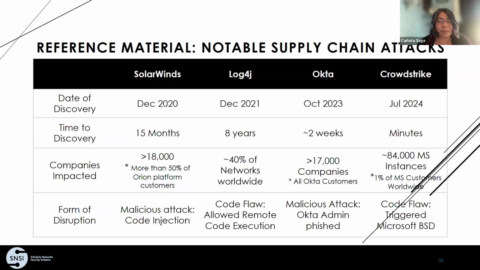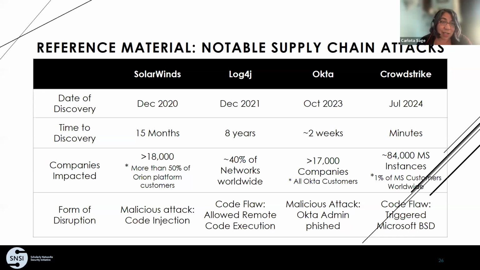In 2021, Log4j is a code flaw that happened in the Java executables of Apache, which is a very, very common web server and other open source tooling that's on a lot of servers across the world. The estimate is that 40% of the networks worldwide were affected by this.